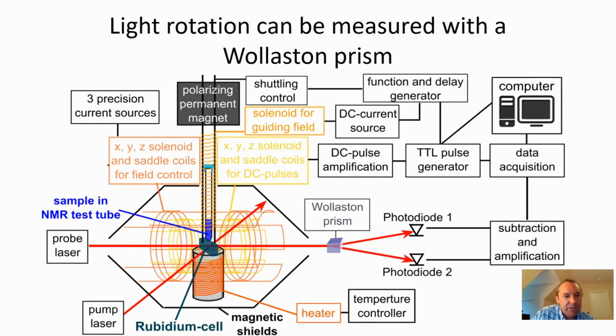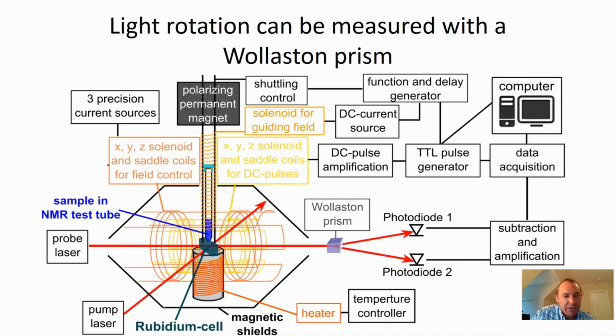If we are able to shuttle this NMR tube up and down, then we can, for example, pull it up, prepolarize it in the permanent magnet, and then shuttle it back down to the rubidium vapor cell in the middle, where the NMR signal can be detected.